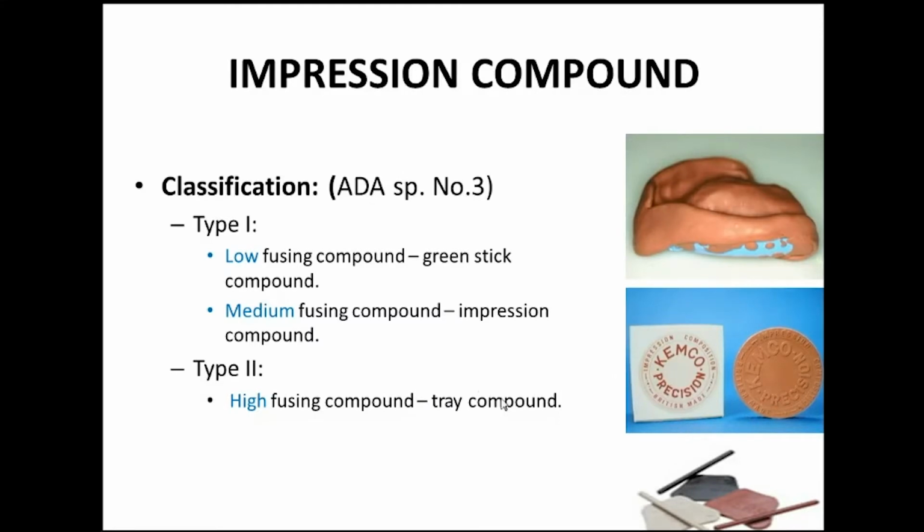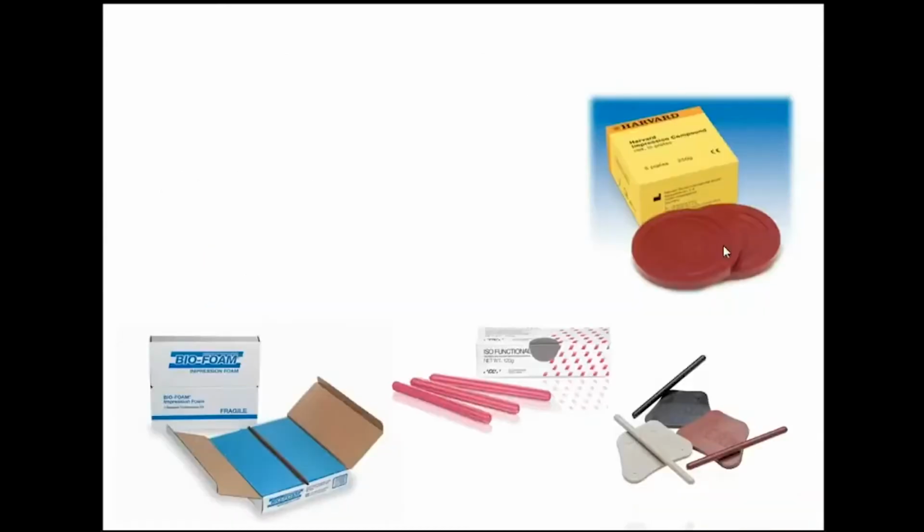It's usually tray compound. It is ready-made, just put it in hot water. After that, take the impression. It is tray compound for taking impression directly without needing any tray material. These are the different types of impression compound.